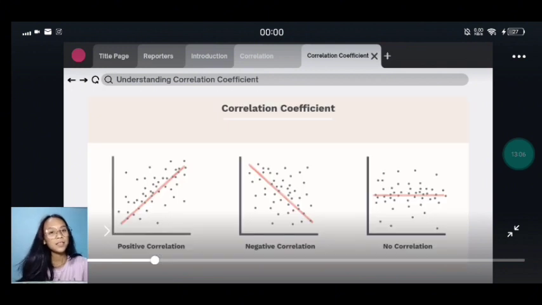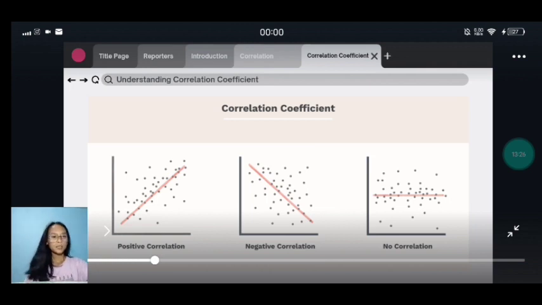So the next one is here, illustration. So diba, akong gingon kanina positive correlation, if ang isa may increase, ang isa may increase po. So as you can see, ang line there is increasing siya ang line.